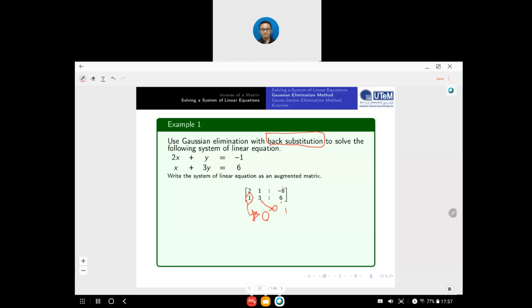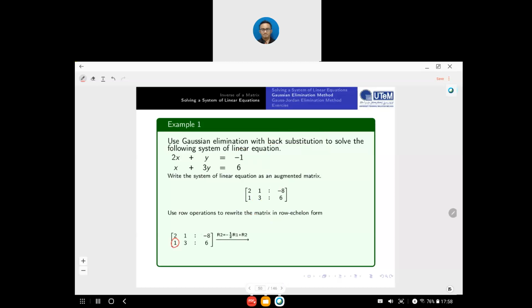So how to change? Okay, make sure you correct your question. This one is -8, not -1. Okay. So now, if you want to change by using ERO, you want to change row 2.